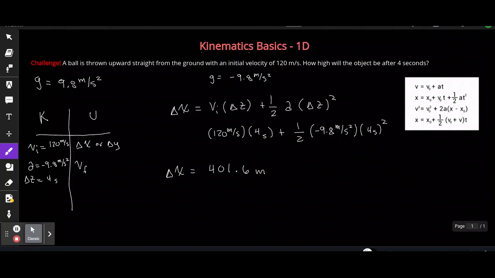That means that if we assume the bottom, where we first threw our ball, is 0 meters, then at 4 seconds our displacement is 401.6 meters, and its position at 4 seconds is 401.6 meters above the ground.